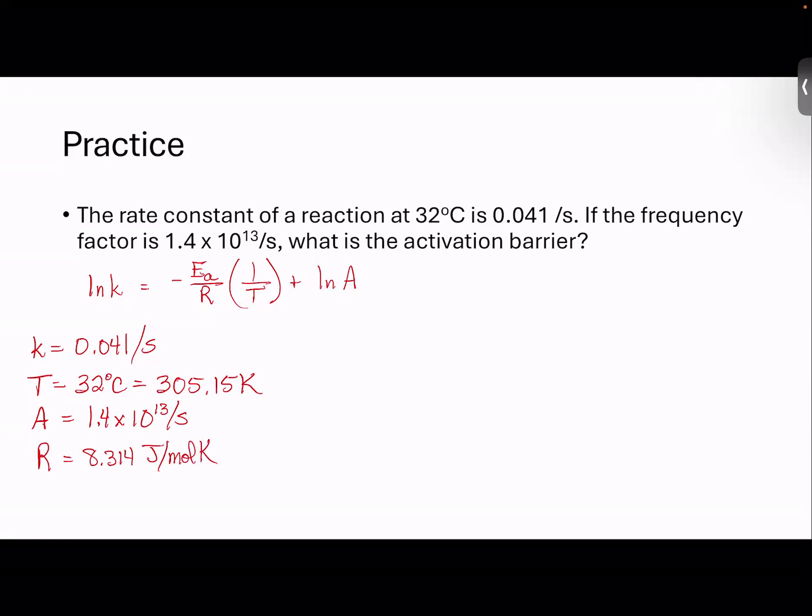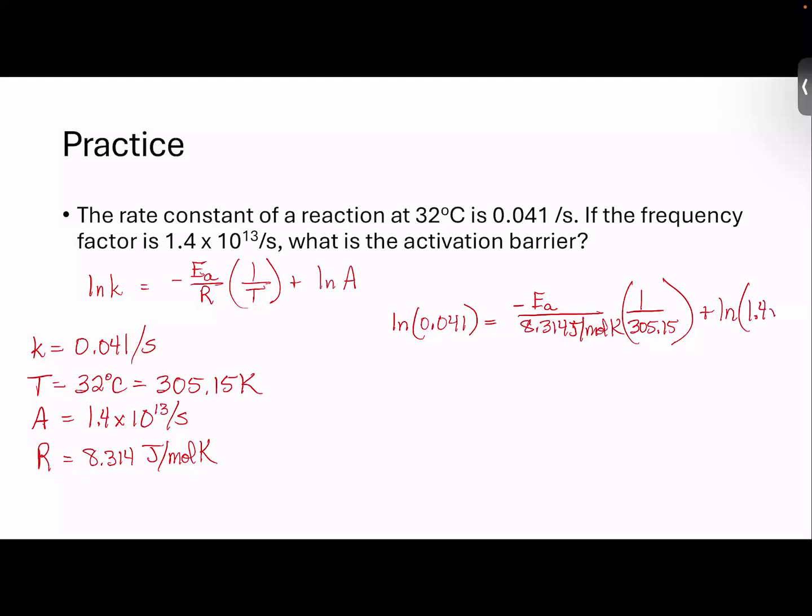So we have all the components in order to solve for E sub A. So plugging everything in, the natural log of 0.041 is equal to a negative E sub A over 8.314 joules per mole Kelvin times 1 over T in Kelvin of 305.15 plus the natural log of 1.4 times 10 to the 13.